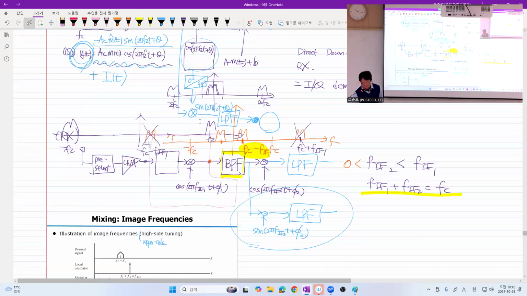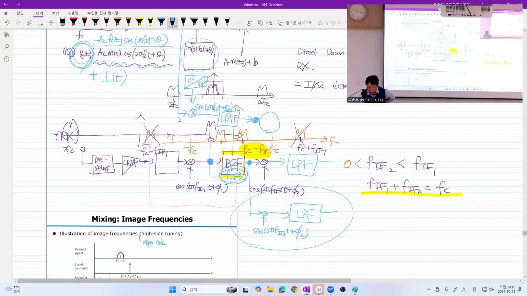Let's think about what would pass this bandpass filter tuned to FIF2. The passband is around FIF2. You may say that this signal only passes, but actually it is not. That's the problem.